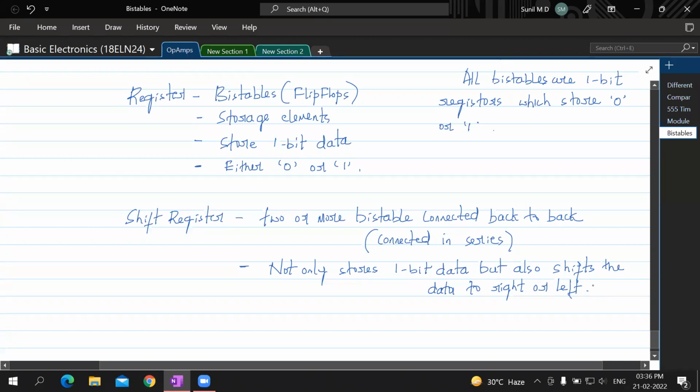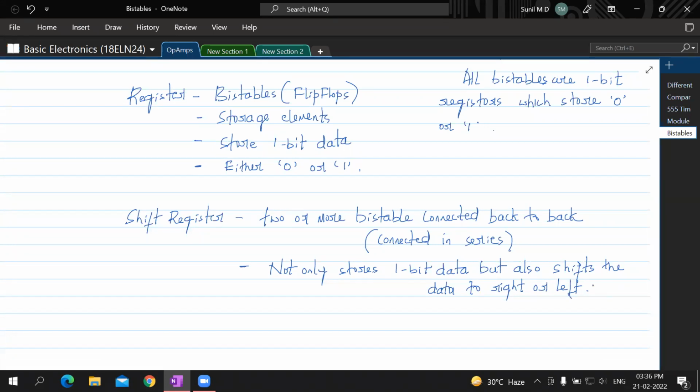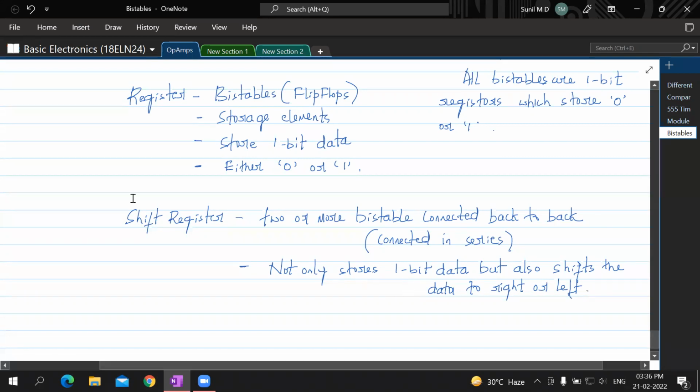Not only stores 1-bit data, but also shifts the data to right or left. So that is what a shift register is.